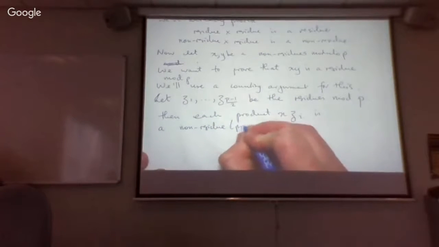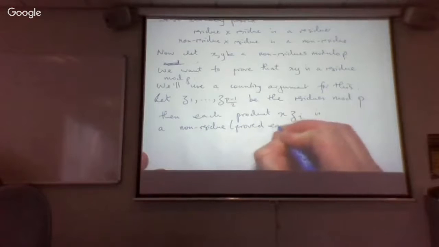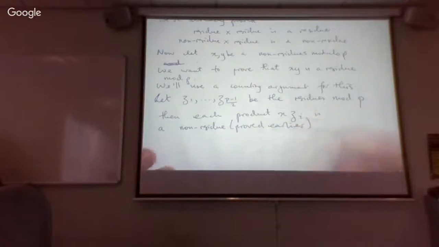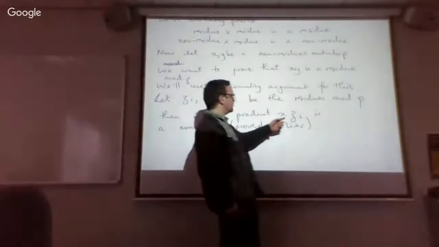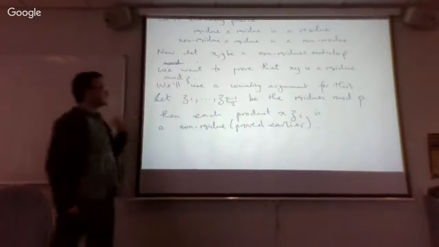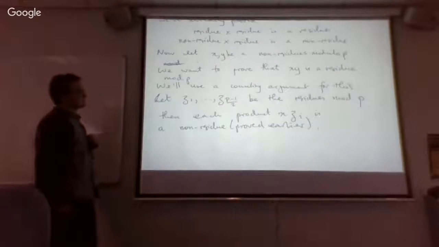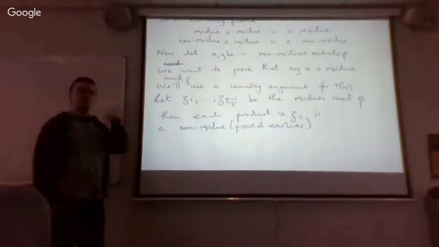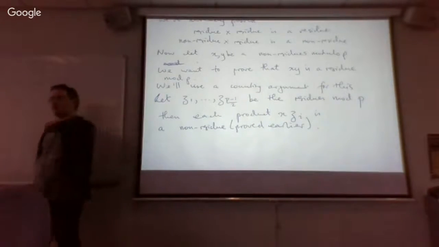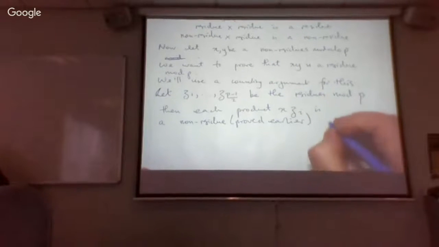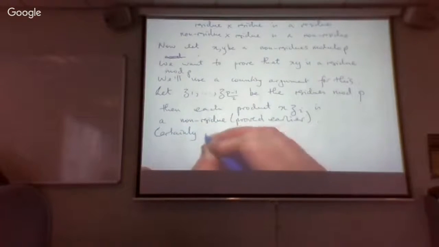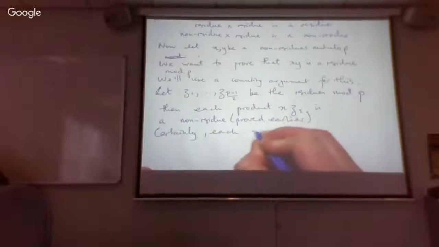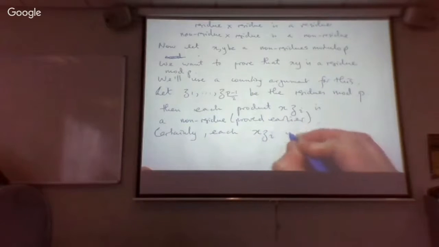Okay, as we proved earlier, when you multiply x by the residues, we get all the non-residues. That's the key point. So certainly each x zi is distinct.